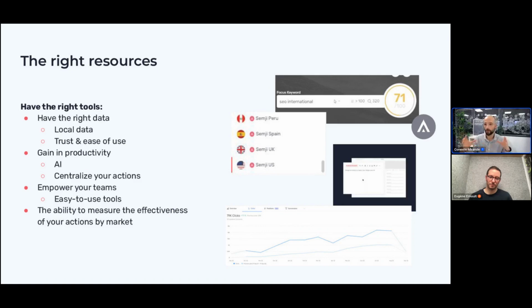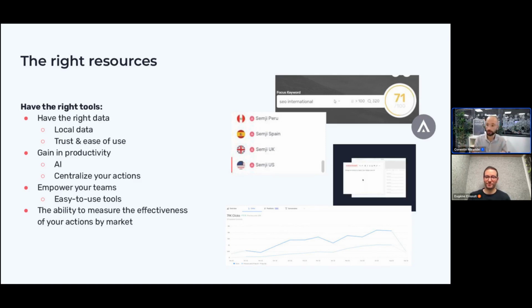Centralize your action, have one tool. If you start having different tools for each market, it's going to be so painful, because as CMOs, CDOs, e-commerce managers at the central level, you will be comparing carrots and bananas. So it's going to be too hard.